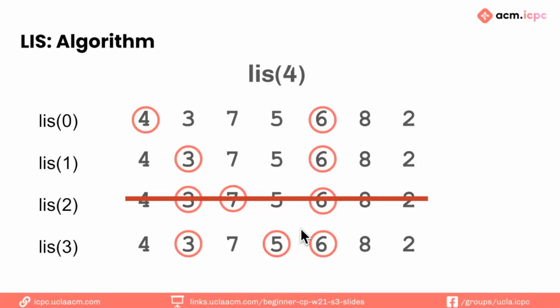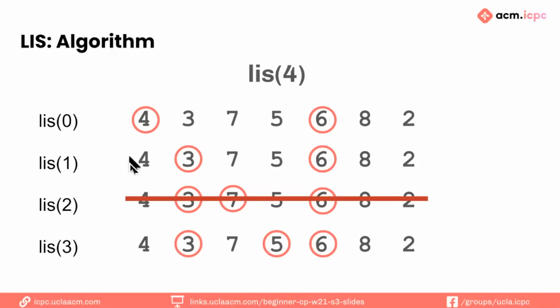More specifically, if the number before the 6 was a 5, then this is the maximum way to create an increasing subsequence that ends in 5 and 6, because we already know that this is the maximum that ends in 5, and then just combining the 6 gives you the maximum that ends in 6 with the 5 before it. But for all we know, the maximum could have been achieved here, or it could have been achieved here. In this case, it turns out that the maximum is 3, and it's achieved by starting with the 5 before the 6, but it could have been here also. And that's why in this case we need to consider all of them.